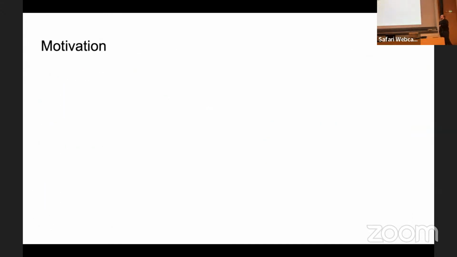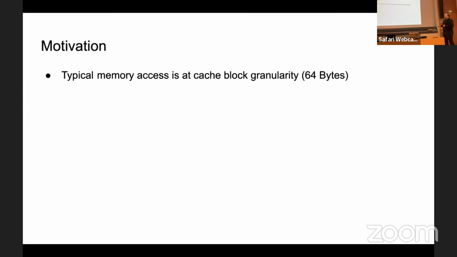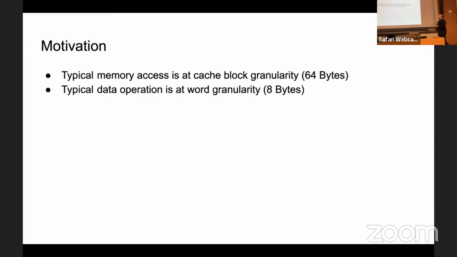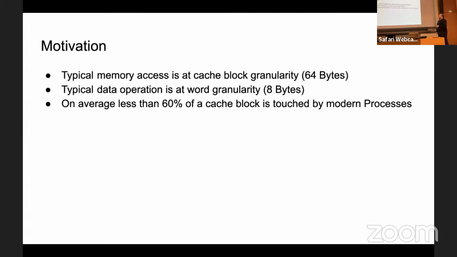Okay, so next, what is the key motivation? I already kind of alluded to this in the executive summary, but to highlight it again, typically memory access is at cache block granularity. So when we load something into memory, we load an entire cache block into the cache, that's 64 bytes. But data operations in assembly are at word granularity, which on a 64-bit architecture is only 8 bytes.